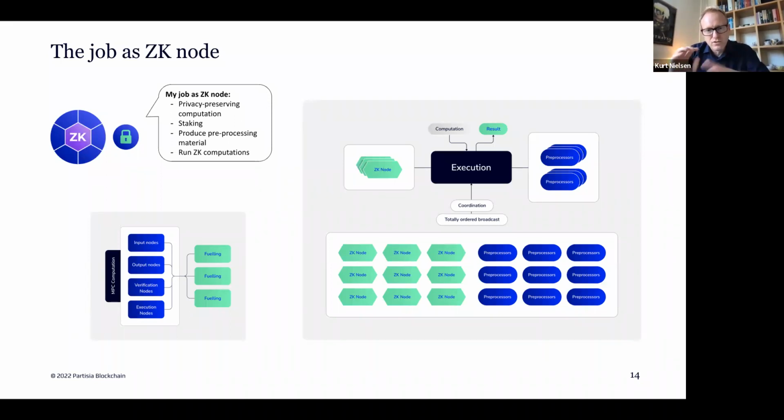The second part is to make that very simple to use for developers. And that's the private smart contract language that allows developers to go in and use all the tricks in the book for how to make MPC run fast and smooth, without really knowing much about the underlying technology.